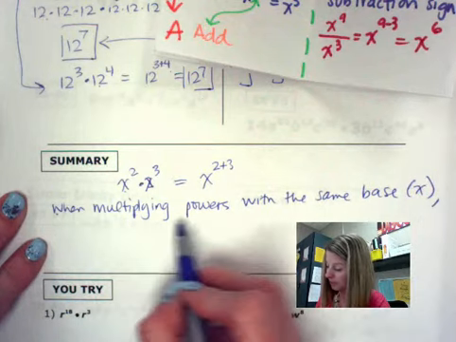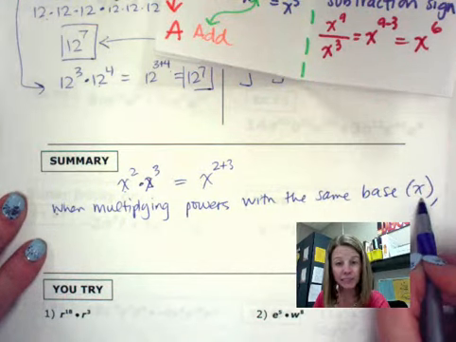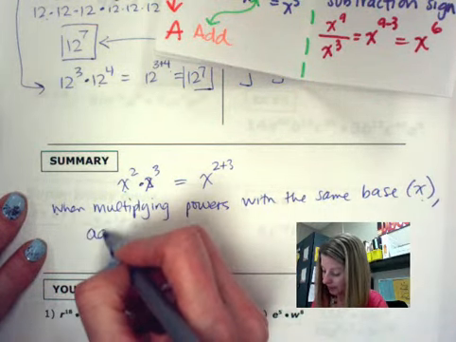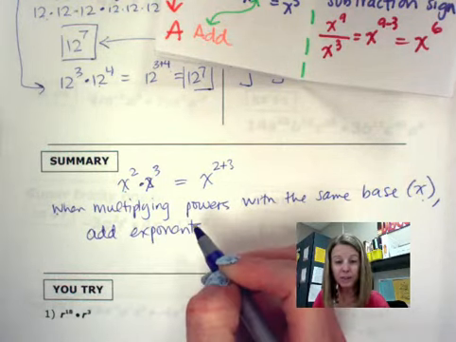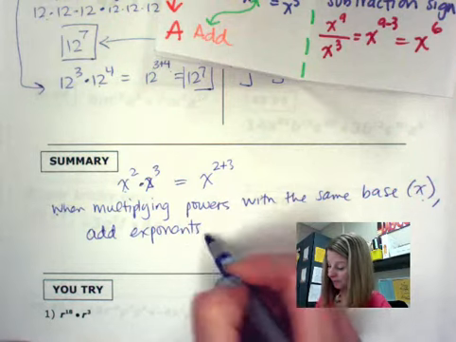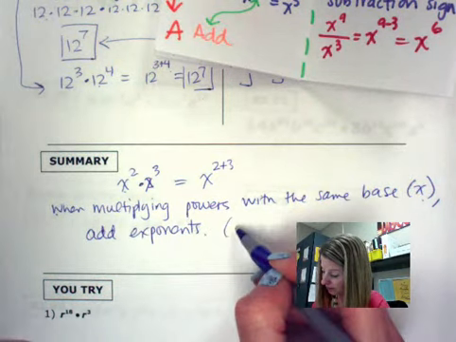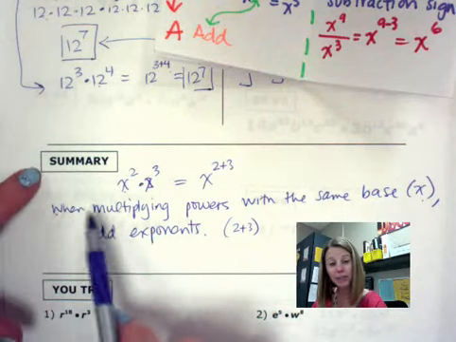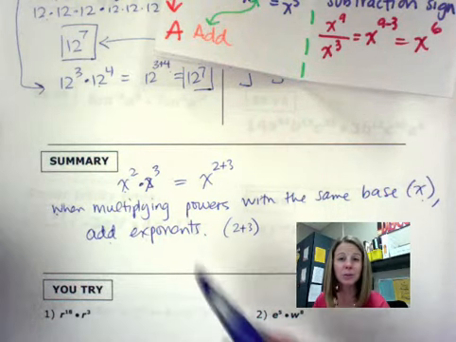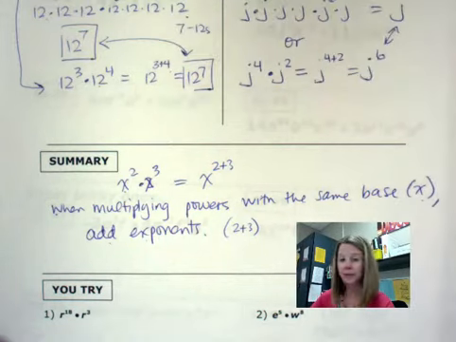So when multiplying powers with the same base, x in this case, add exponents. You simply add the exponents together, which is, and in parentheses I want you to write 2 plus 3. So if you need to come back here, you can at least go back and look at what did you write and how does that situation apply to your new problem.